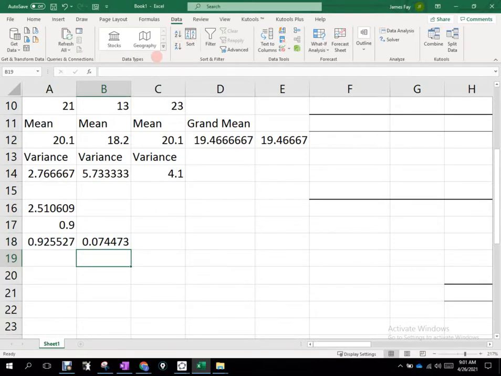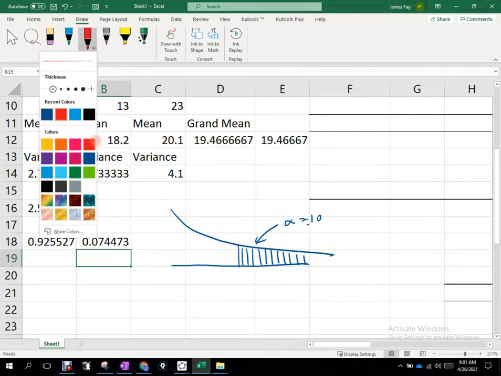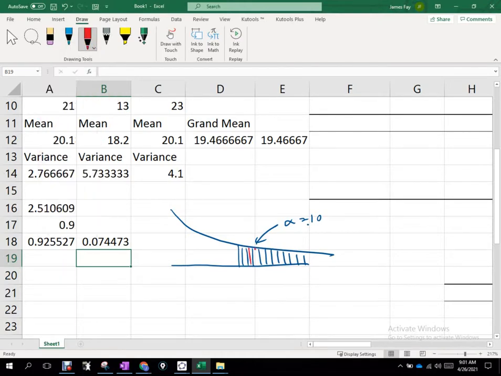So if we go back to our graphic, I'm just going to draw on here. This was our area of alpha, right? Alpha was 10%. We put our test statistic in here, and it should be to the right, and it would be this red area, which was 0.074, right?